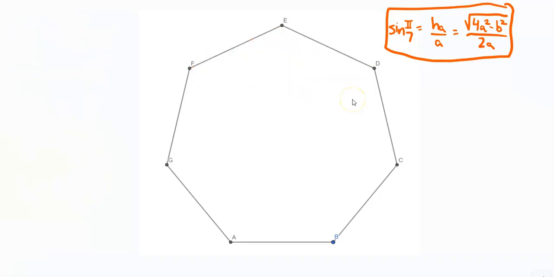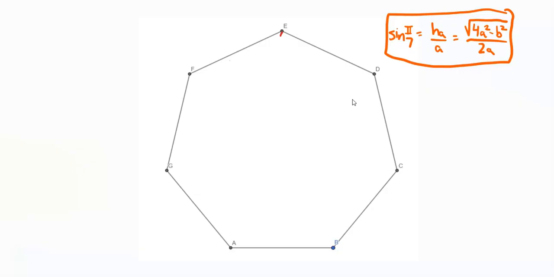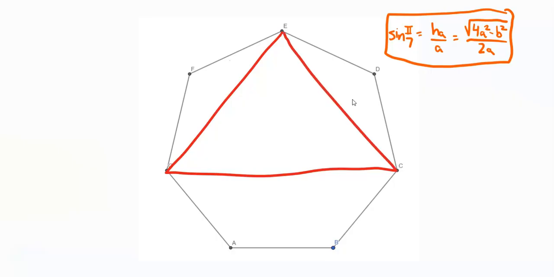Okay, so now in the next part of this video, we're going to skip every other vertex here. And now we have B and C. We'll drop the altitude down.